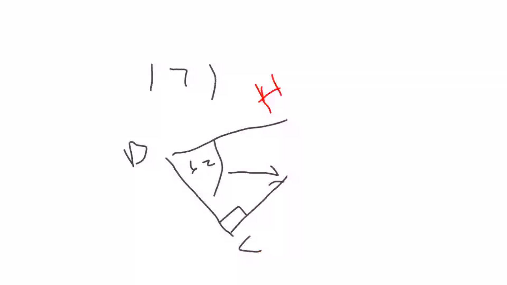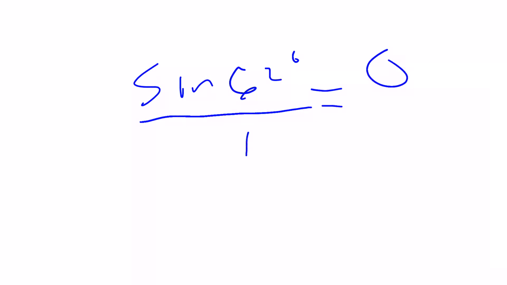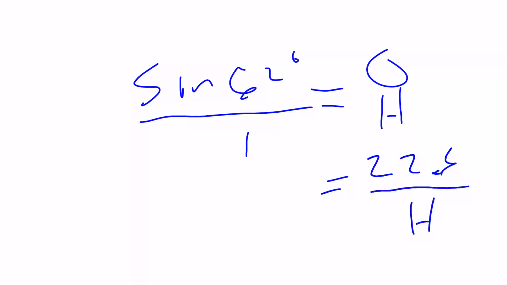So if I know the sine of 62 degrees, divided by 1, is equal to the opposite side over the hypotenuse. In mine, my opposite side is 22.6, so 22.6 divided by h is equal to the sine of 62 degrees over 1.